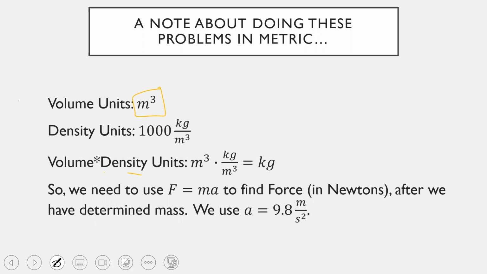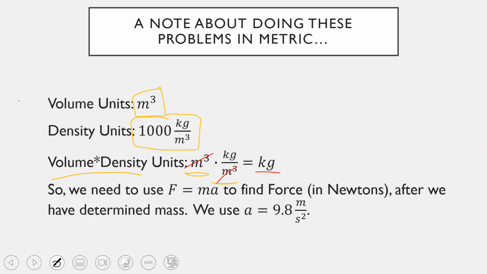And then we have to do that volume times density calculation, right? Well, our density in metric units is 1,000 kilograms per meter cubed. And so when we do volume times that, we do a similar calculation that we did before: meters cubed times kilograms per meter cubed. These cancel out, and we're just left with kilograms.